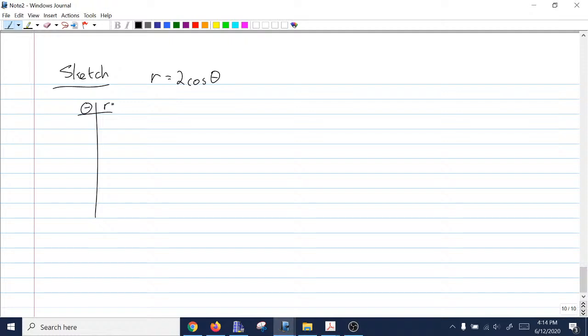Theta, r. If I use theta equals 0, I get an r value of 2 cosine 0. Cosine 0 is 1, so I get 2. If I want to have an angle of 0 and an r value of 2, that puts my point right here. There's my theta equals 0 value.